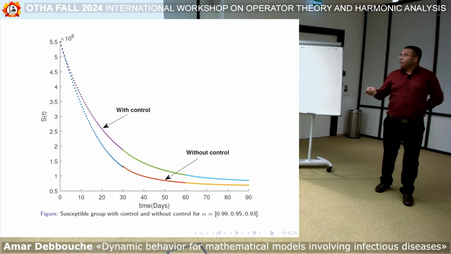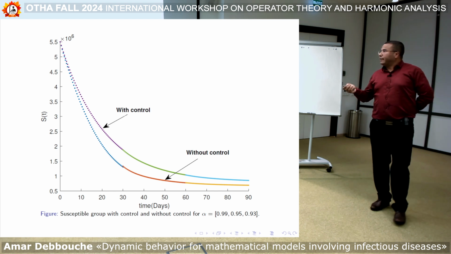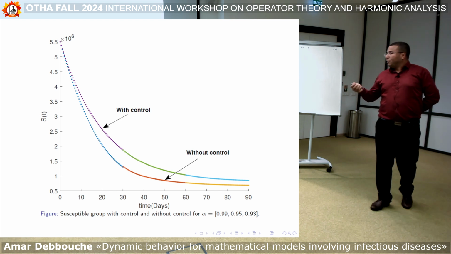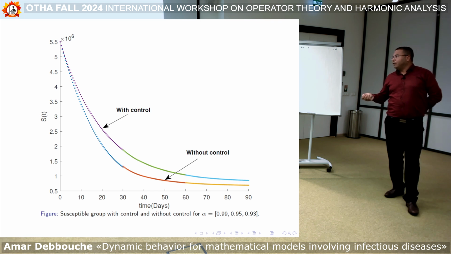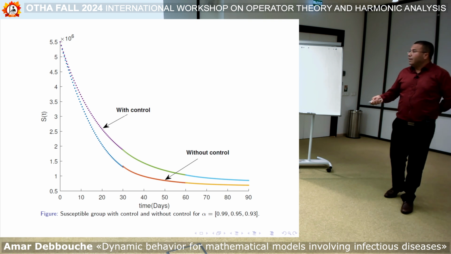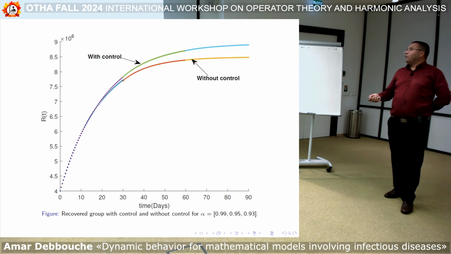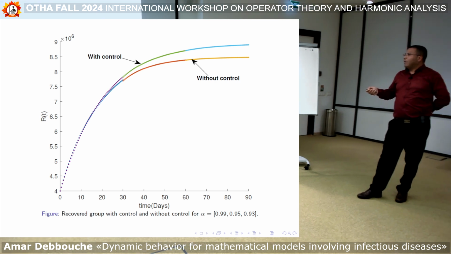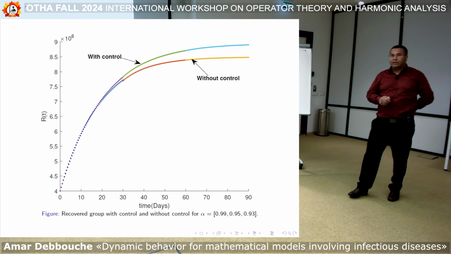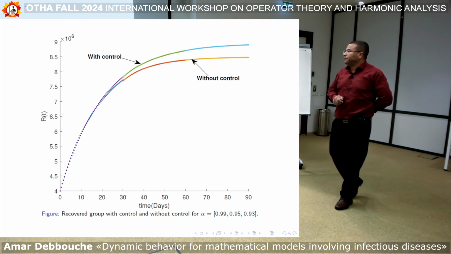So here we have some numerical treatments. Here we have the susceptible group with control and without control for different values of alpha. And the same here, we have the recovered group with control and without control for different values of alpha.